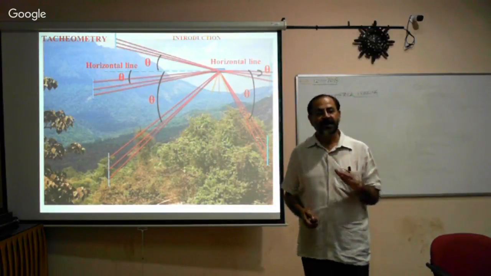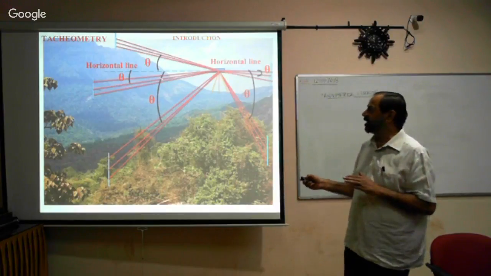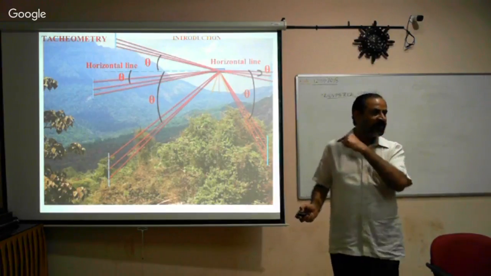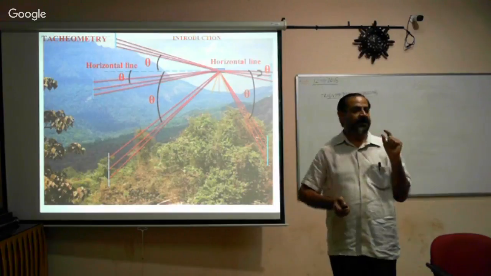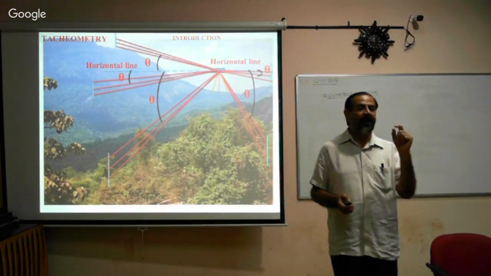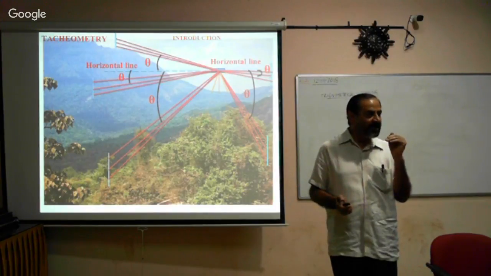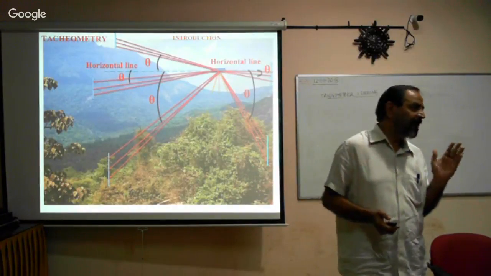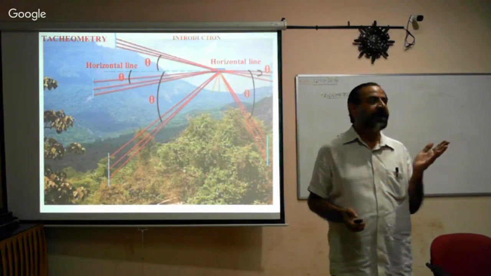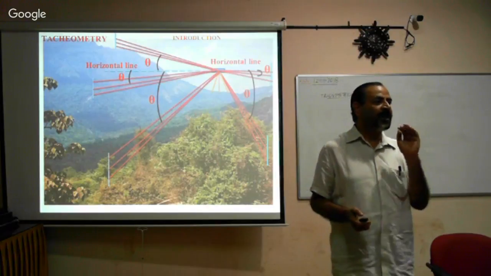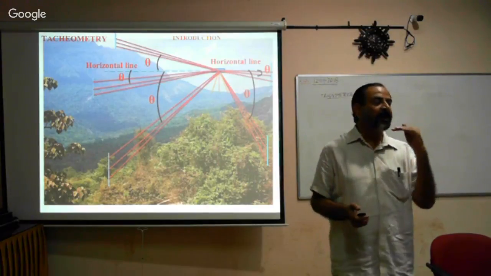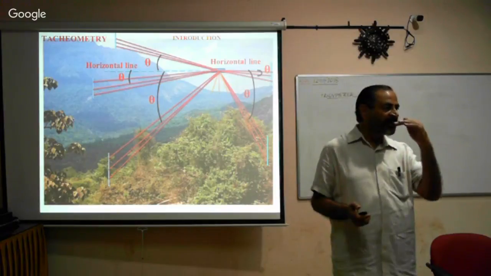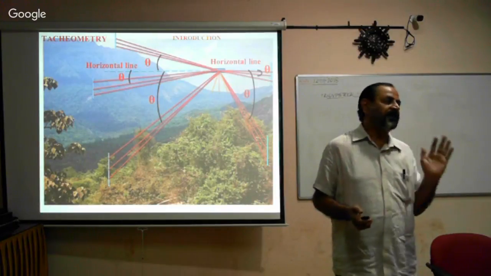And please note, in this method the level of accuracy is little less when compared to the other methods, chaining or any other method. It is the approximate method. Approximate method means the level of accuracy is little lesser.